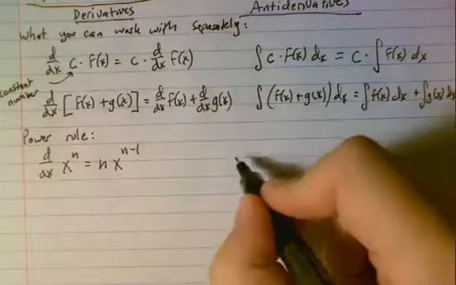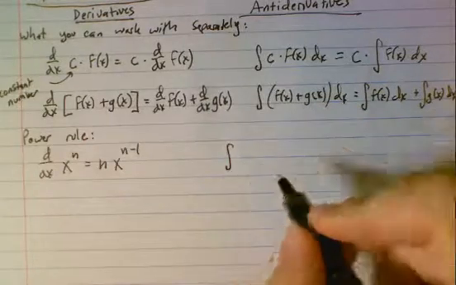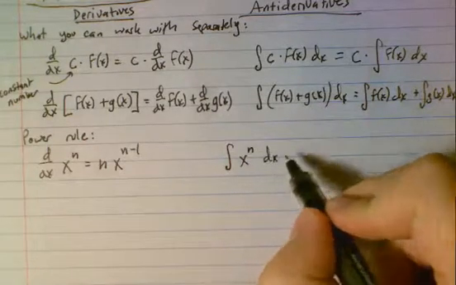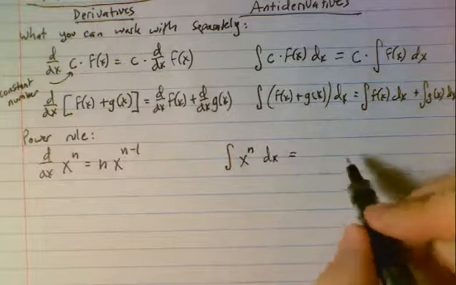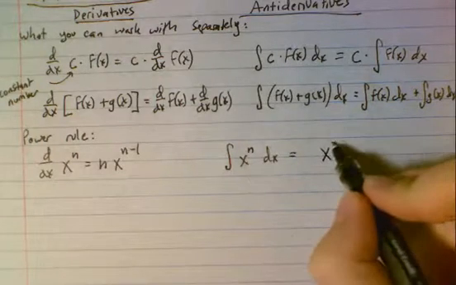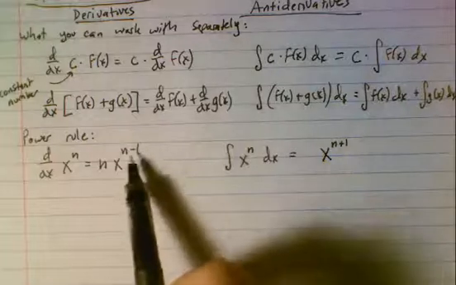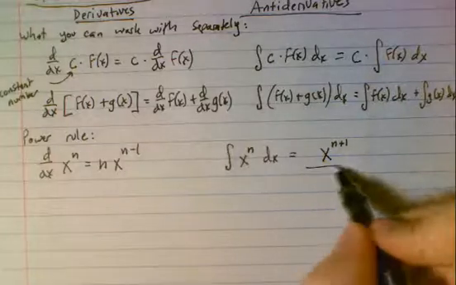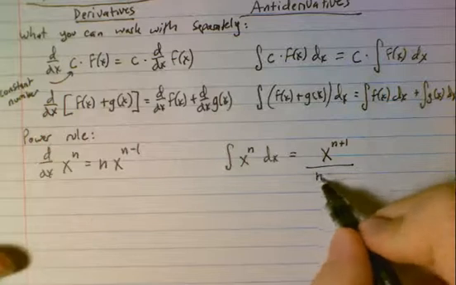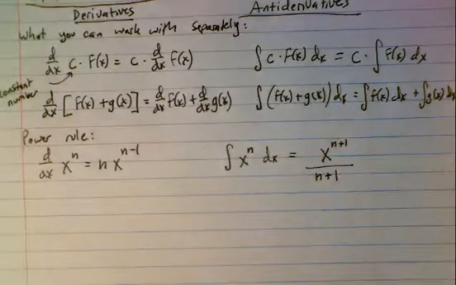Now, the antiderivative is sort of going in the opposite direction. The antiderivative of x to the n power, dx is always there. What we're going to do is take x and add 1 to the exponent, undoing the subtract 1 here. And then we're going to divide by, instead of multiplying by, this new exponent.